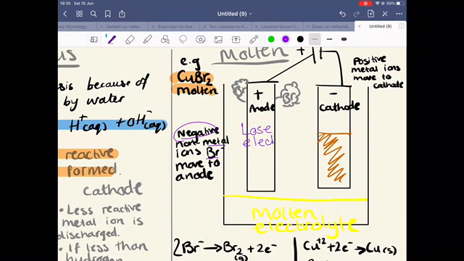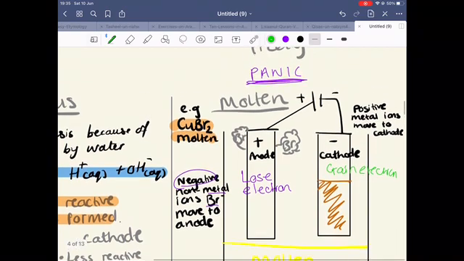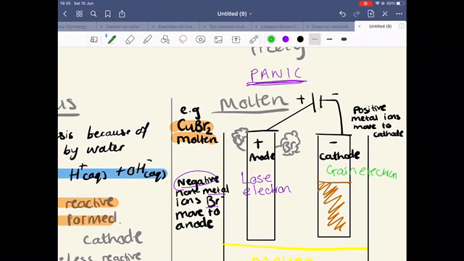The negative ions move to the anode because opposites attract. So our bromide ions in this example of copper bromide would move to the anode, lose electrons to form our non-metal, which is bromine gas. You can show this as a half equation as below.